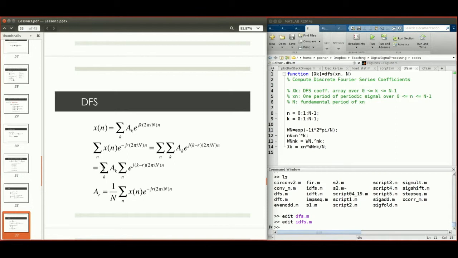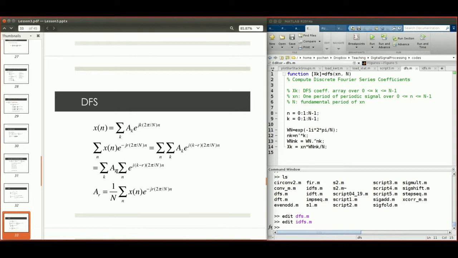And there's a summation over k here. So when r equals k, then what you have is ak times big N. And when k is not equal to r, then this whole term becomes 0. So this summation over k eventually leaves only one term that's non-zero.